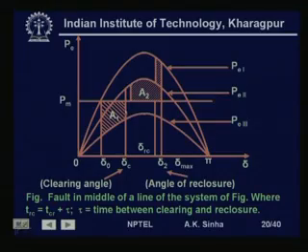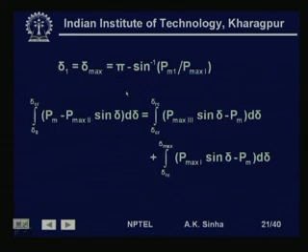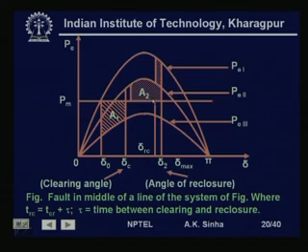We clear the fault at this point, then suddenly it will jump to this point, and we will have it moving. I am sorry, this whole area should be hatched like this, not from here, but it should be from here. So, this A2, that is this point, should be here, I am sorry.